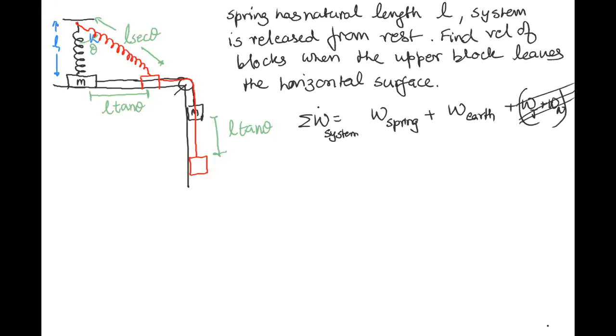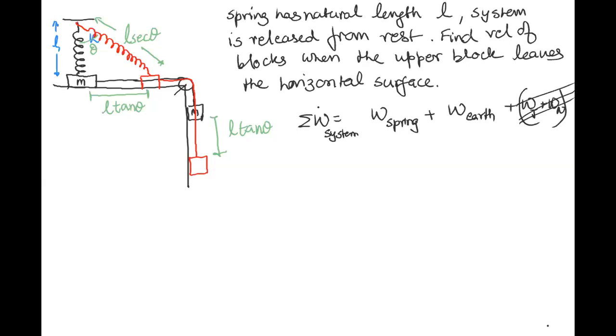Work is being done by the spring on the upper block. Work is being done by the earth on the lower block, and normal reaction and tension have no role to play. In fact, this is why we go into work energy, because we don't want to get involved with constraint forces.